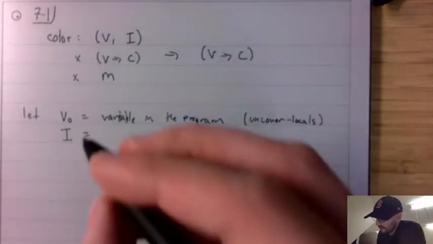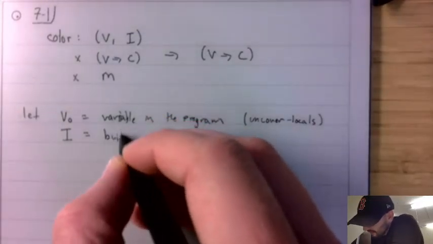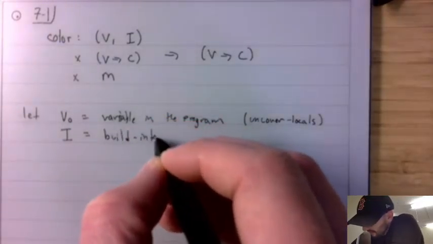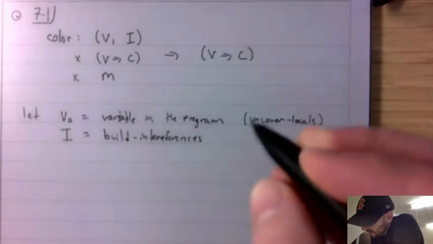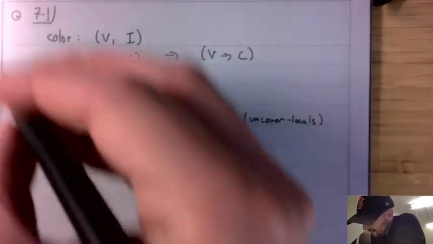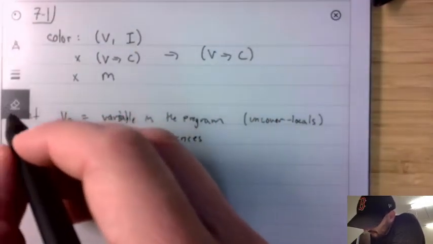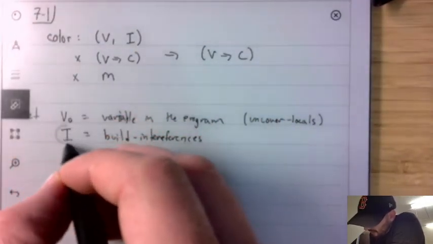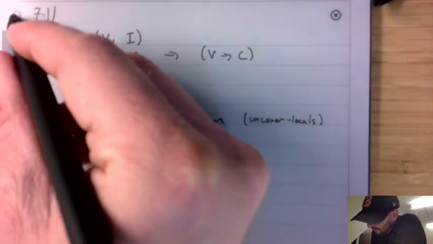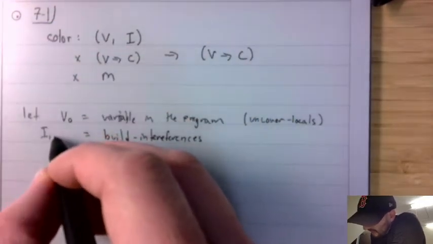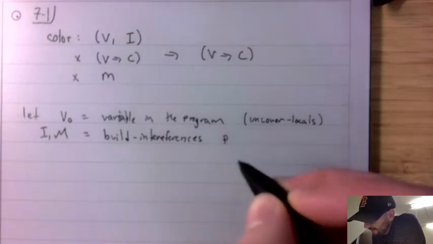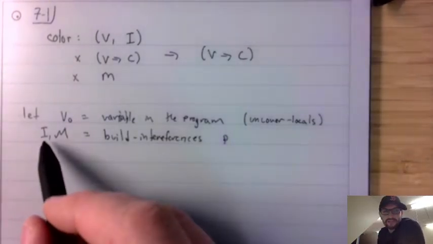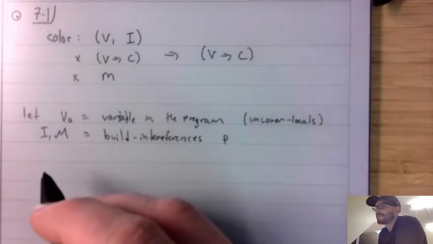I called it build interferences. And really I got I and M from this. So we got I and M. We got build interferences on the program, and it's going to give us back the interference graph and M.